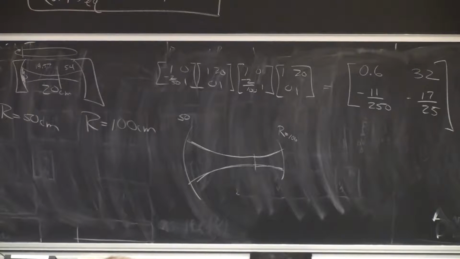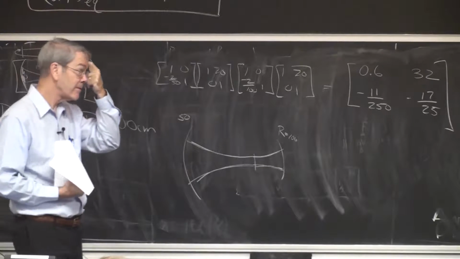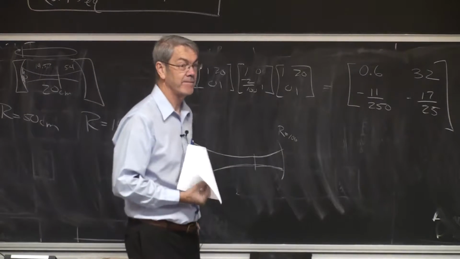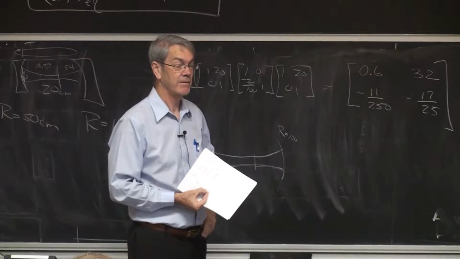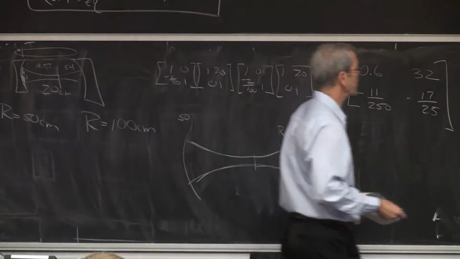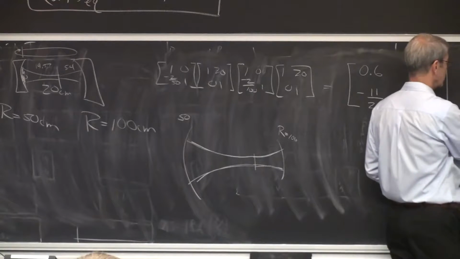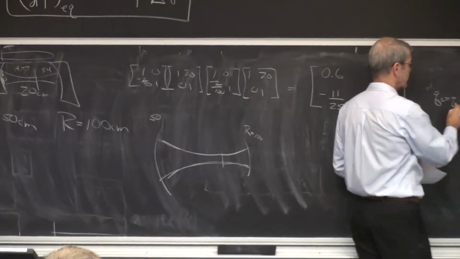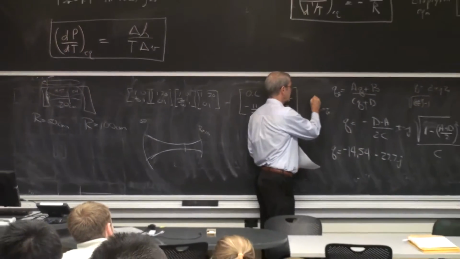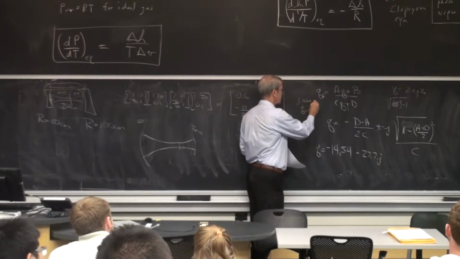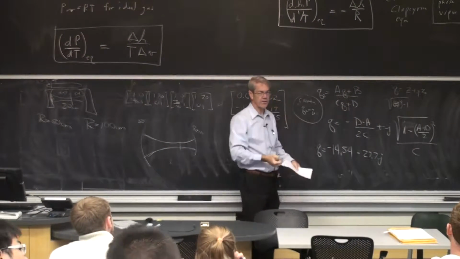So for Q, normally when you write it like that, you say that the first Q is Q1, and then the other one is Q2. So I could have said Q2 and Q1. In a cavity, it's different. Yeah, I'm sorry, I should have said that.